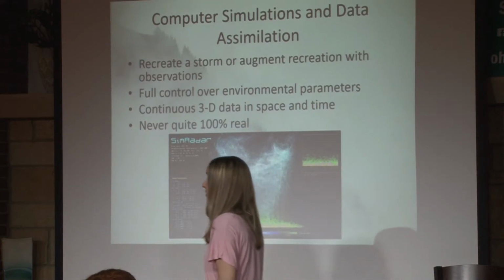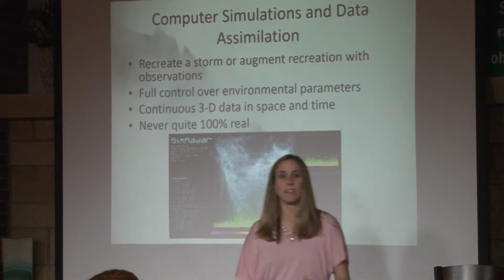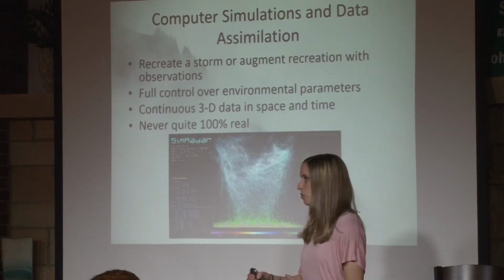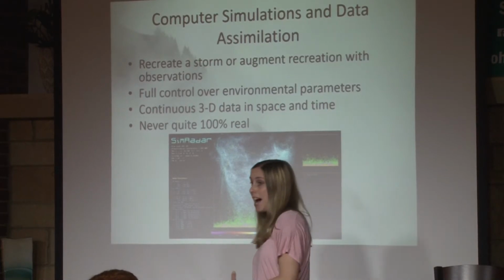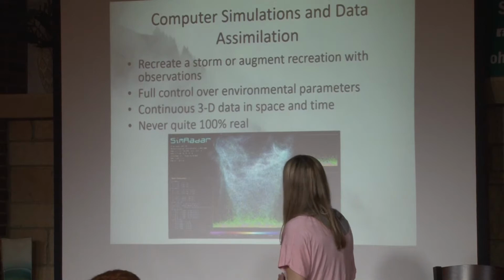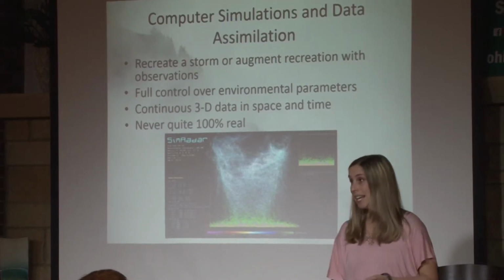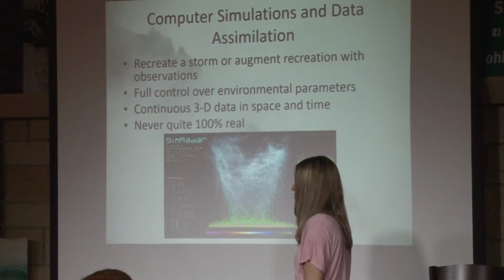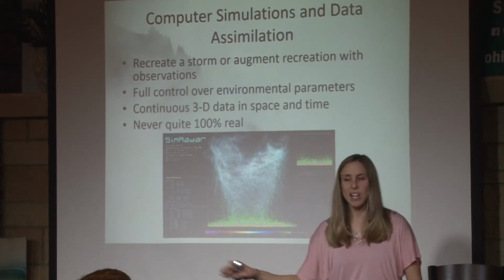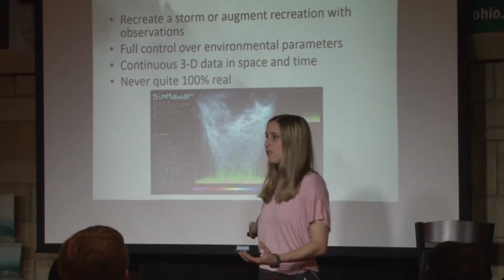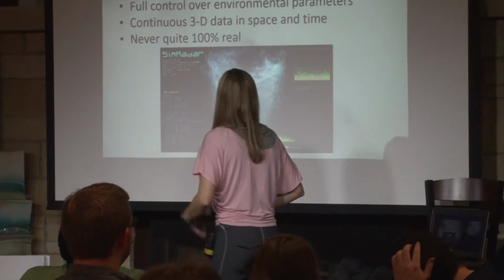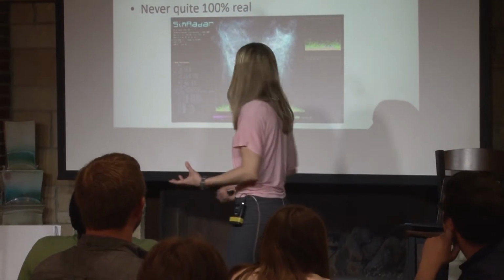So in that sense, it's very cool, because you can get a feel for what changes have impact on your storm. It also is very beneficial because it has continuous data resolution, both in time and space. So you run your model and you have a full, complete data set from start to end of that storm, which is really unprecedented in the real world.